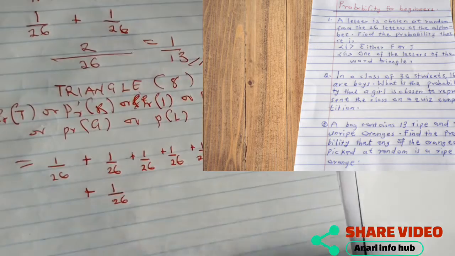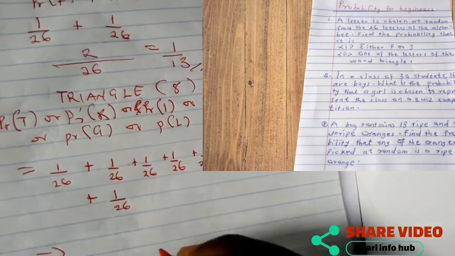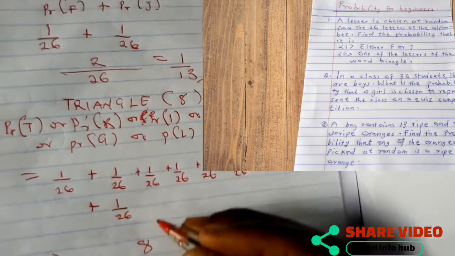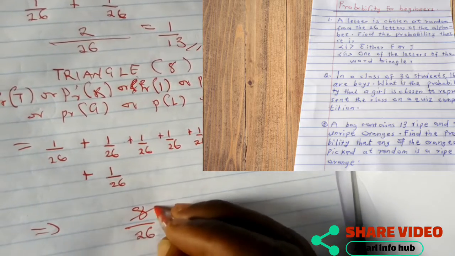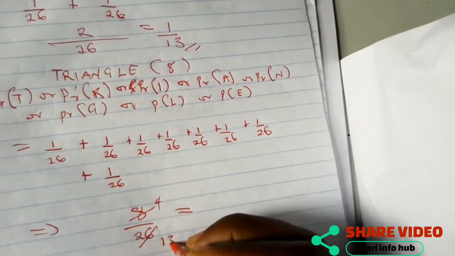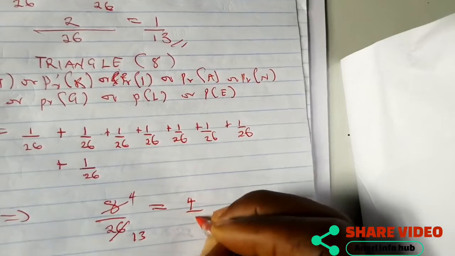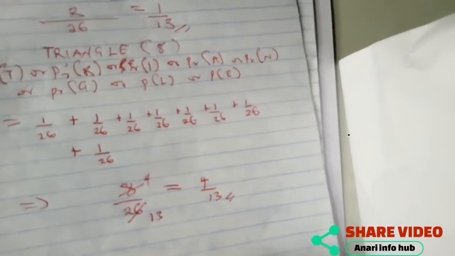If you find the LCM of all these, our final solution should be 8 over 26. So 2 here is 4 and 2 here is 13, giving us 4 over 13. So that is the solution for that one.